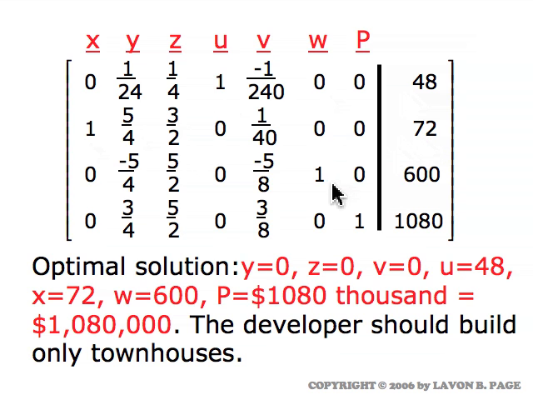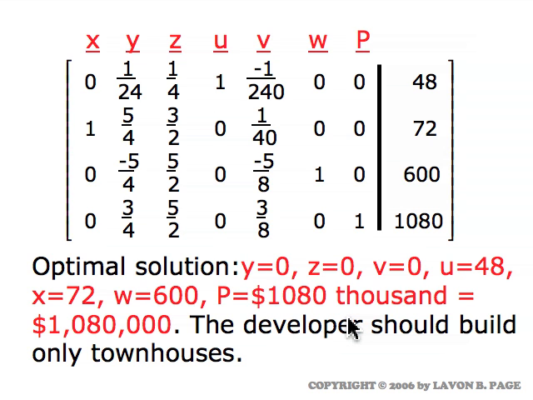The third row says w is 600. And the bottom row says p is 1080. So our optimal solution would be to build 72 townhouses, no single story, no two-story, for a profit of $1,080,000.